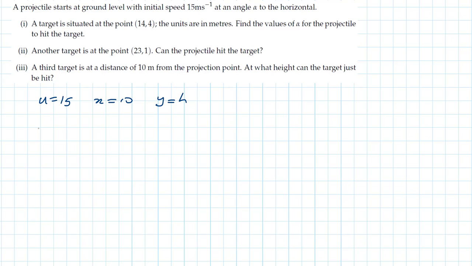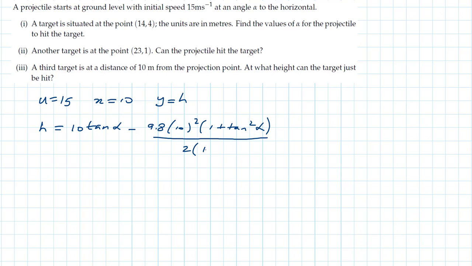So setting up our equation just like we've done before in each of the other cases, we've got h this time equals 10 tan alpha minus 9.8 times 10 squared multiplied by 1 plus tan squared alpha divided by 2 times 15 squared.